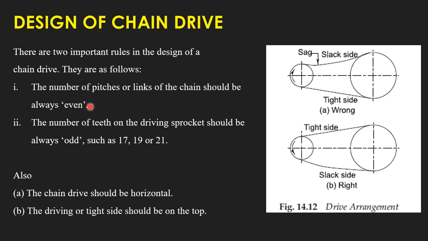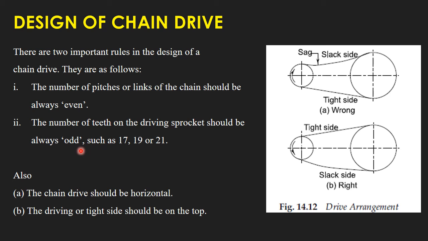If one tooth fails, then the entire component needs to be replaced. So in order to extend the life of the component, if we are able to distribute the wear over each and every tooth, then the life of the component can be increased. That's why we are going with the odd and even combination.